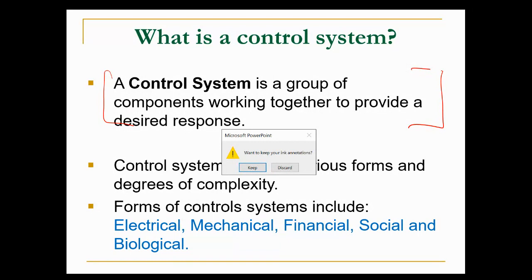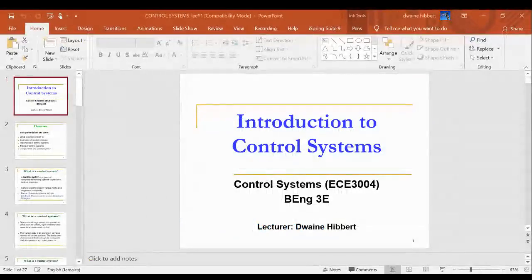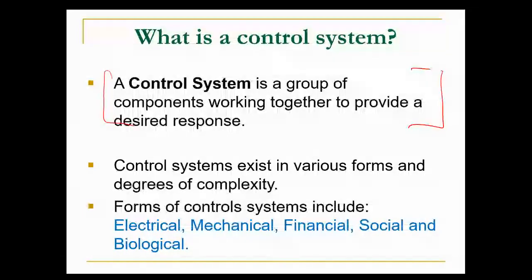I want us to bear that in mind as we think about it. Every control system has a desired response. Now, we have a group of components that work to achieve this. So in every control system, there is a desired outcome.